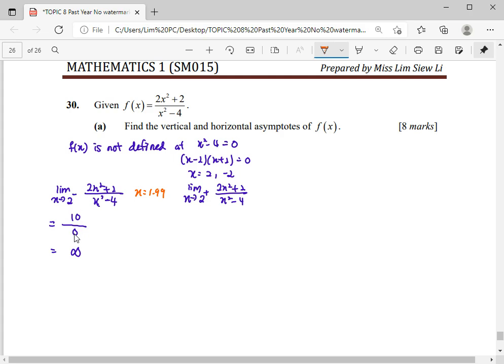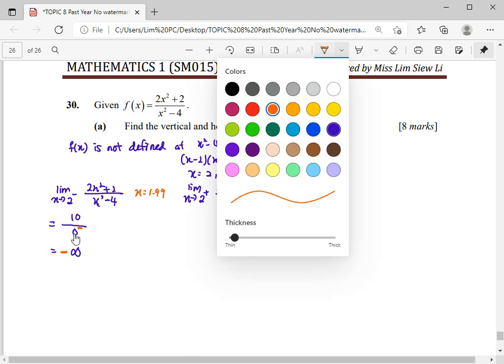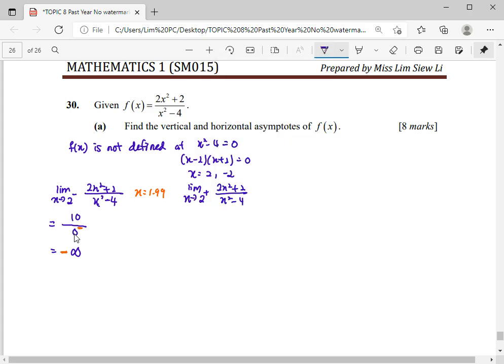It will be 1.999 squared minus 4, so it will be negative. So this 10 over 0, we will get negative infinity, because the 0 we get here is from the left hand side. It will be approximately close to 0, but it is not equal to 0. It's 0 from the left hand side.